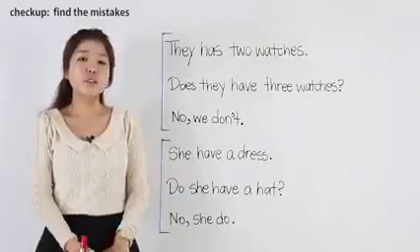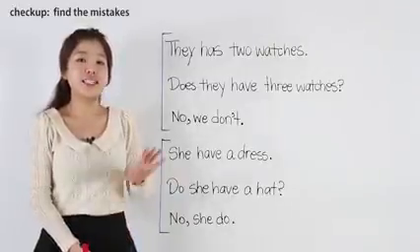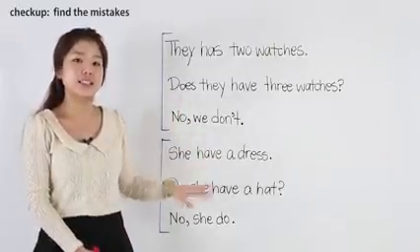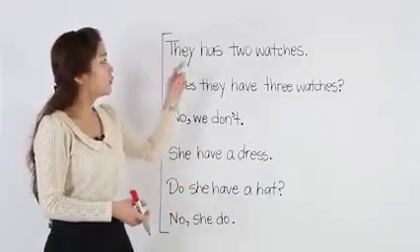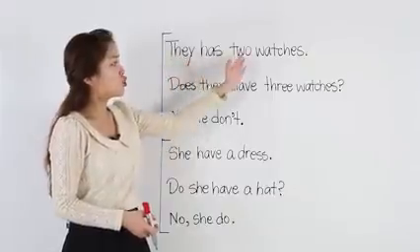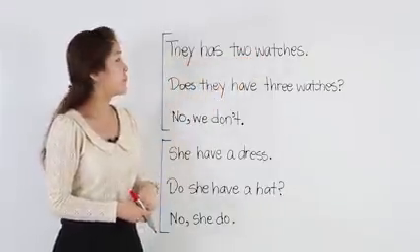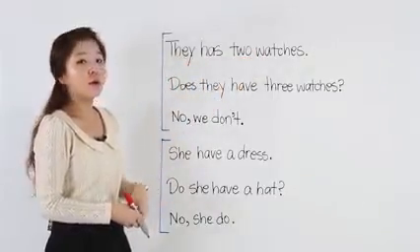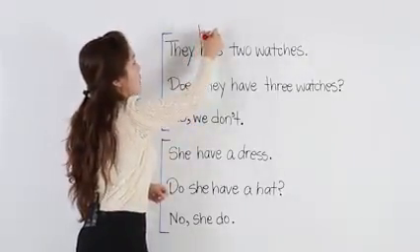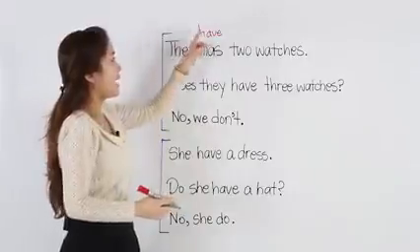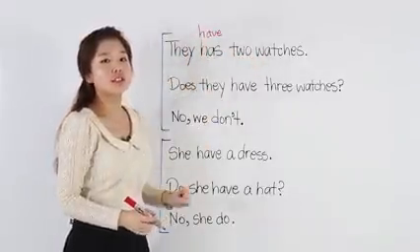Okay, now for this practice, we have to find the mistakes in these sentences. What's wrong with them? Okay, so let's look at the first one. They has 2 watches. Remember, for they, we have to use have, not has. They have 2 watches.